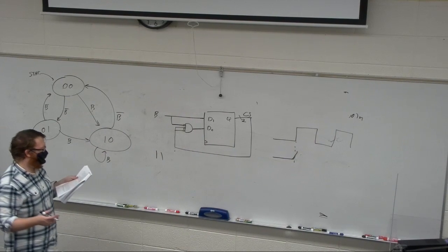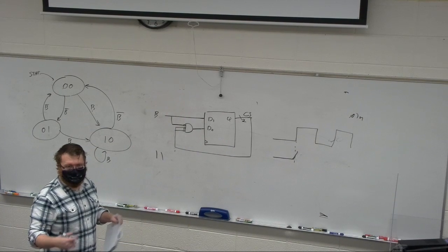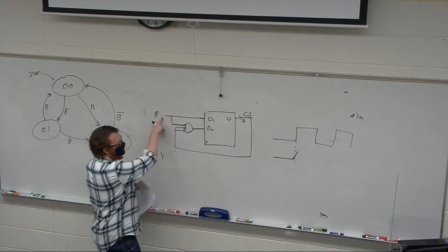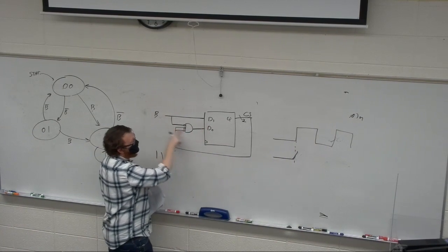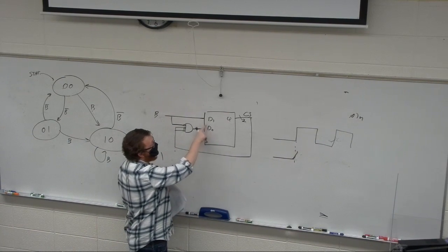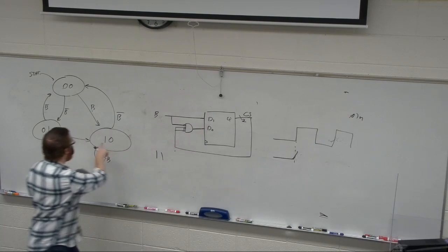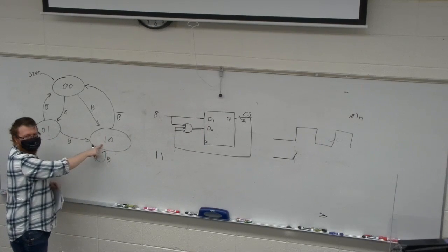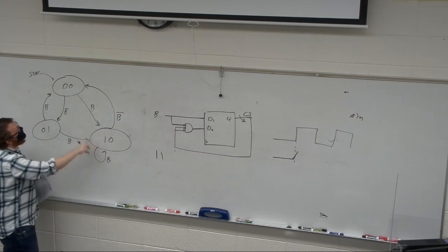D1 might change immediately, and D0, right, because B gets passed to D1 with no delay. But B gets passed to D0 with a delay. So D1 goes, oh, I'm supposed to be a 1 because we're going to 1, 0, right? I've got B, I'm going to 1, 0.